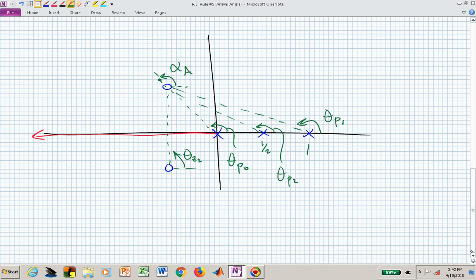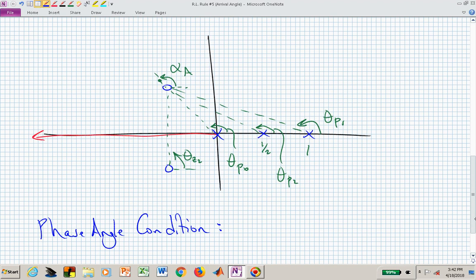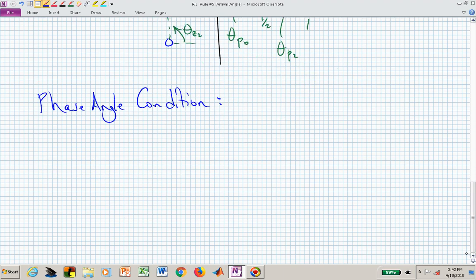Which means that using the phase angle condition, we should be able to compute this alpha sub a, the angle of arrival. We have the sum of the zeros angles minus the sum of the pole angles.